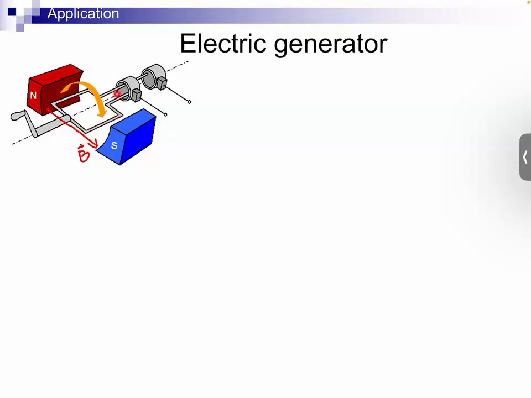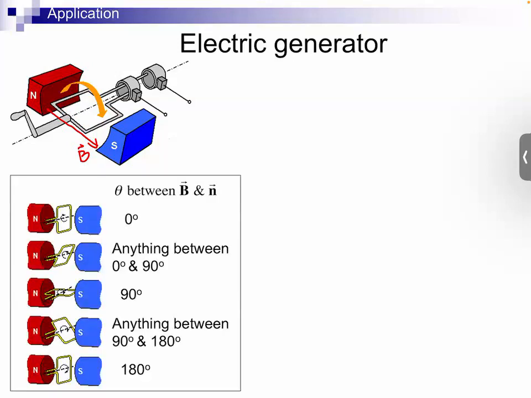If you put a coil of wire between that region and you rotate that wire through that region, notice here in the diagram, you are changing the angle between the magnetic field and the normal vector to that wire. What happens then is you are essentially changing the number of magnetic field lines that are crossing the loop, right?